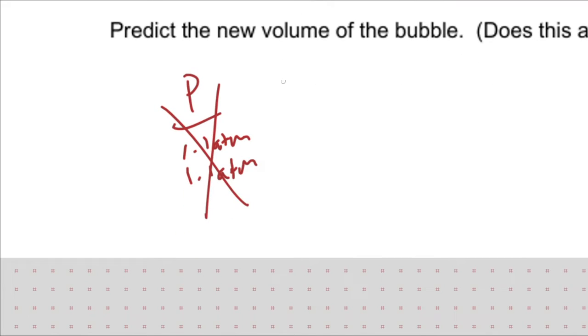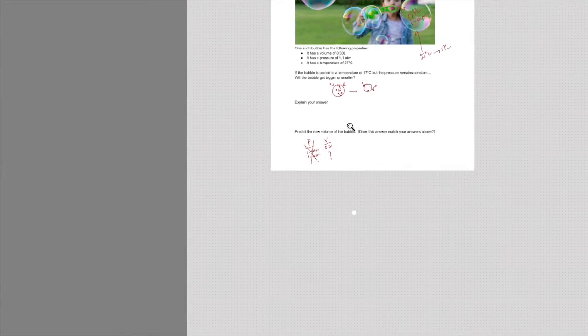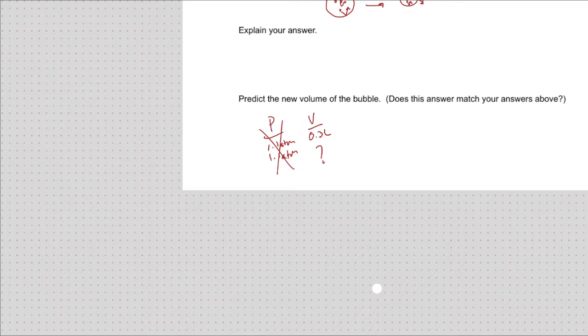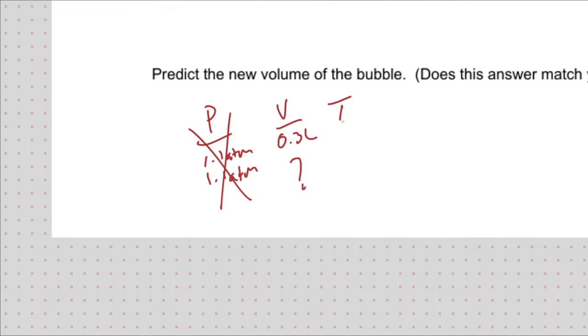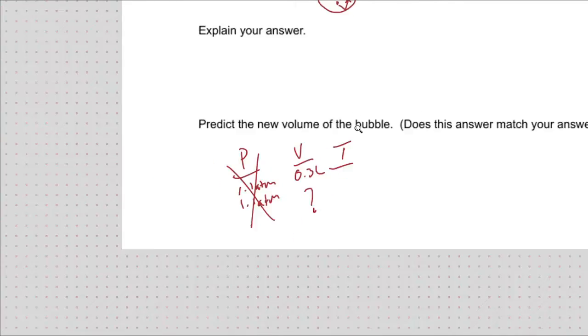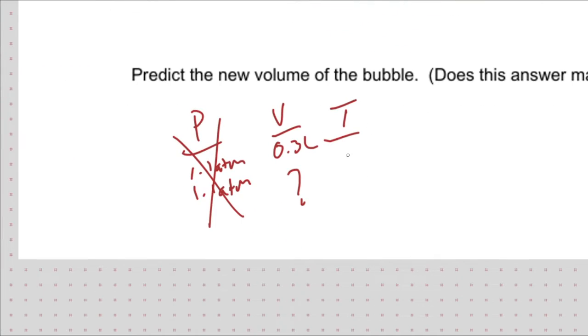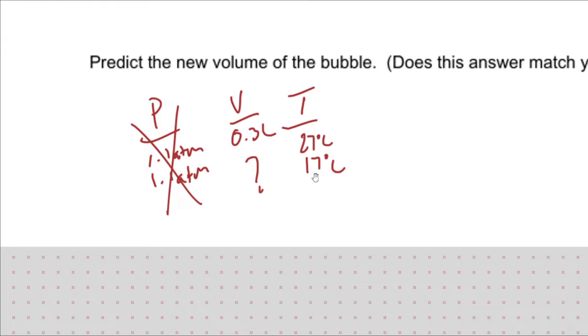I know that the volume is changing, but I'm not sure what it's changing to. And finally, the temperature is changing. It's going from 27 down to 17. And like we said, that should make the volume get smaller.